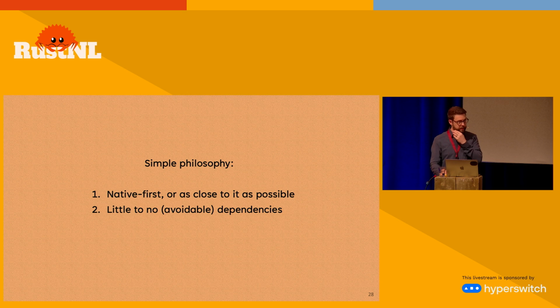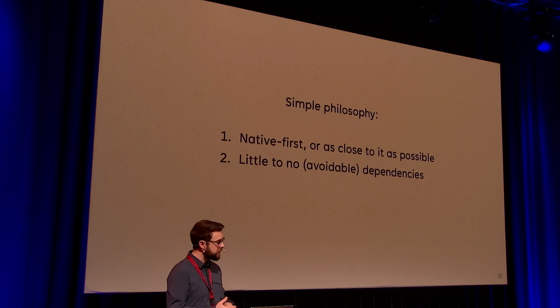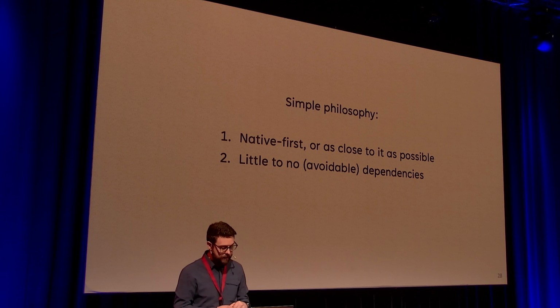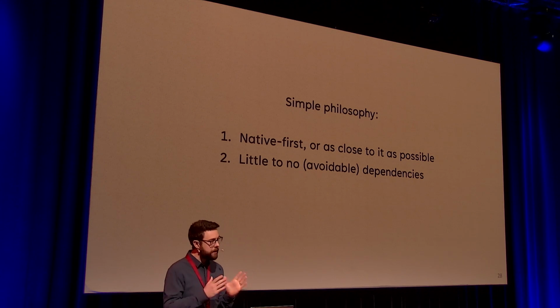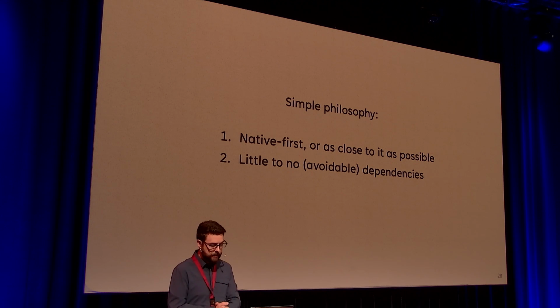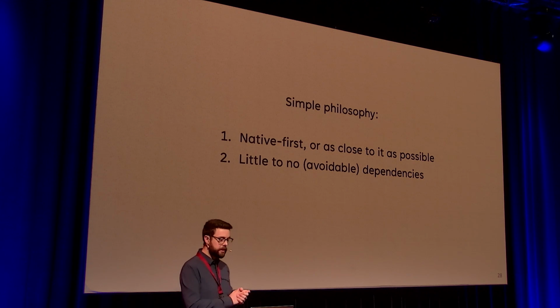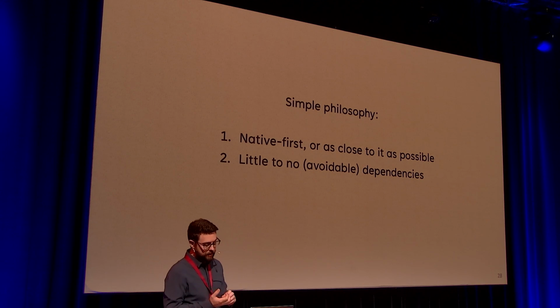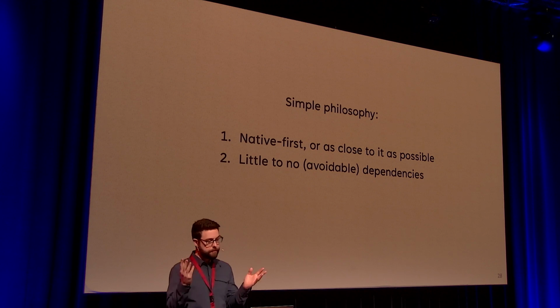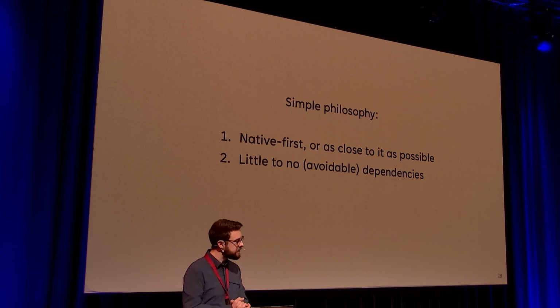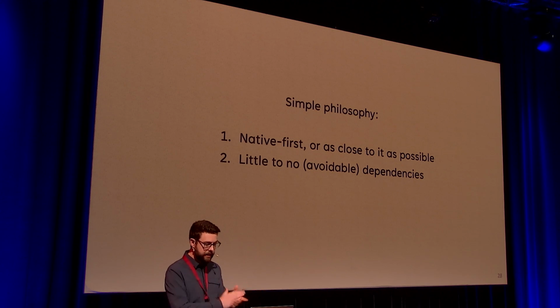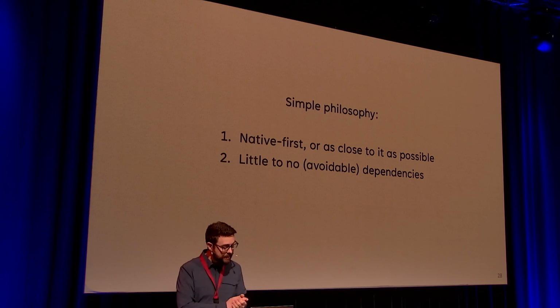Our philosophy when implementing these platform abstraction crates is to be as close to native as possible with a bare minimum of overhead, and try to minimize the set of dependencies that we require for each one of these platform abstractions. A good example of this is if you're communicating with some platform API on iOS and you need to provide a callback, I think that's an Objective-C block, right?